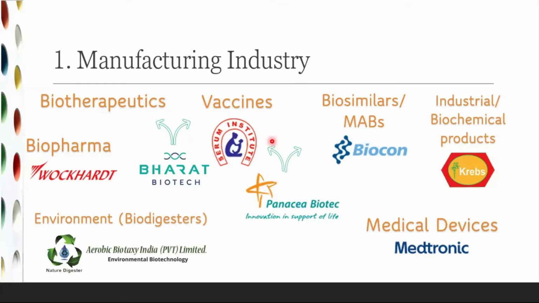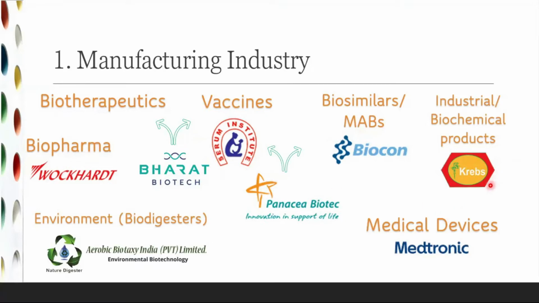In biotechnology and allied areas, we have very big companies like the Serum Institute, Bharat Biotech, which manufacture vaccines. Then you have Biocon, Panacea Biotech, which manufacture biosimilars and monoclonal antibodies. Wockhardt is into biopharmaceuticals.